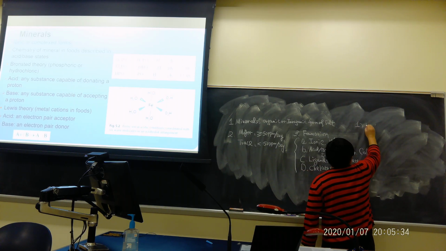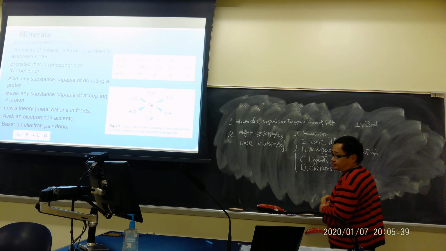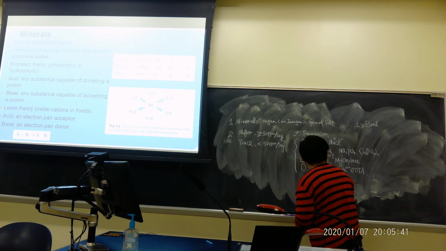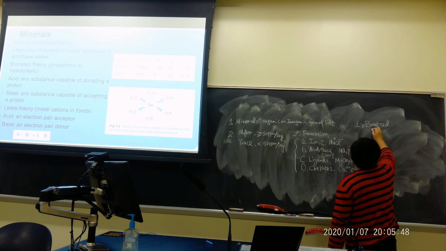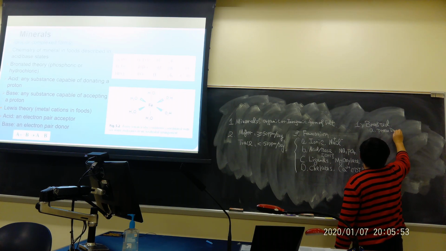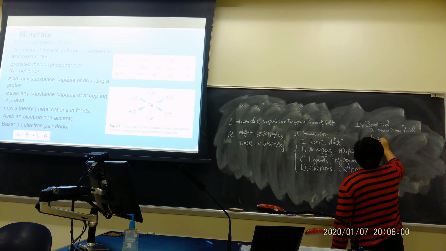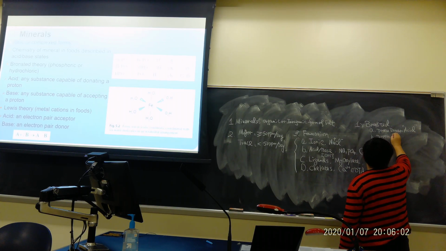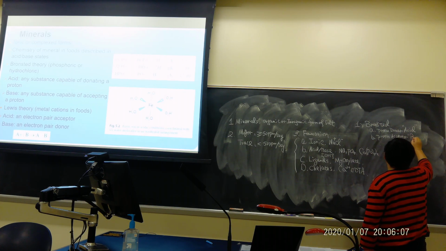Number 1 is called Bronsted. Bronsted means if you have a proton donor, this is called acid. If you have a proton acceptor, this is called base, which is alkaline.